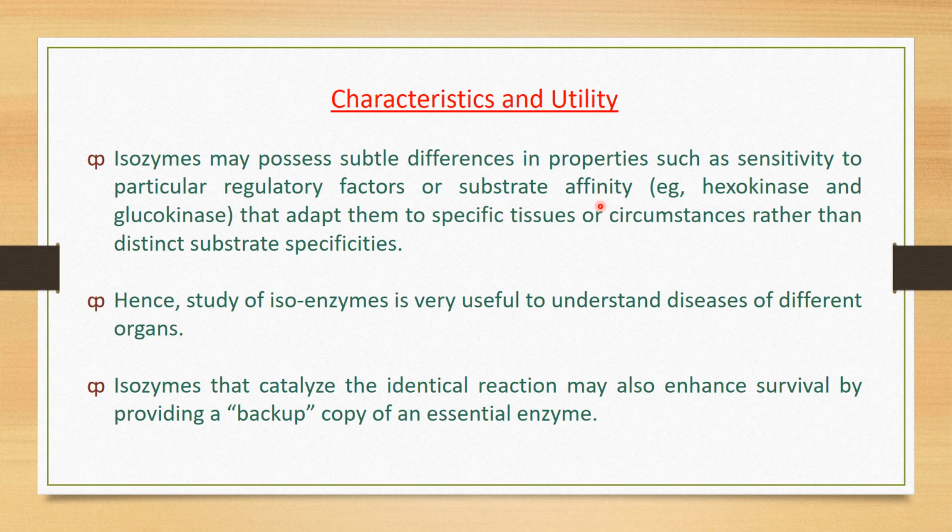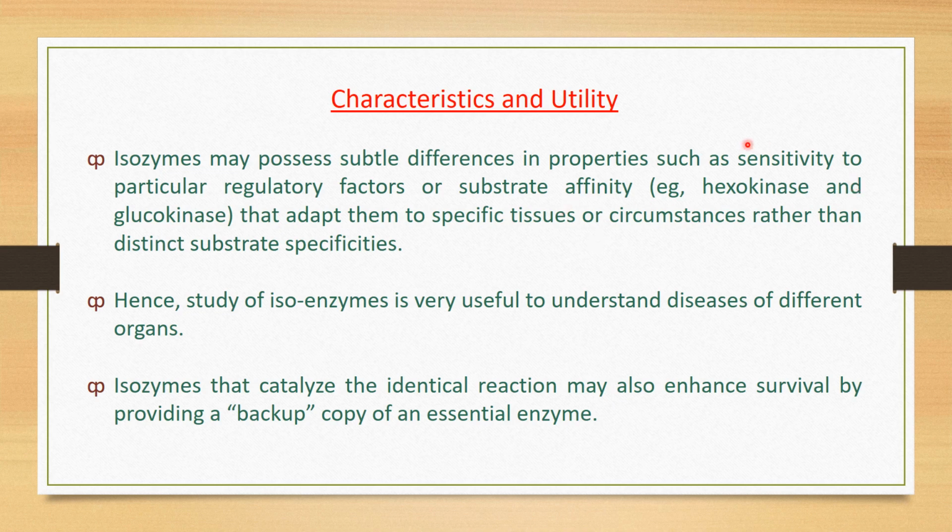They may have different substrate affinity. That means Km may be different. Some of the isoenzymes have a high Km value, that means affinity is low, whereas other forms may have a low Km value, that means affinity is high.